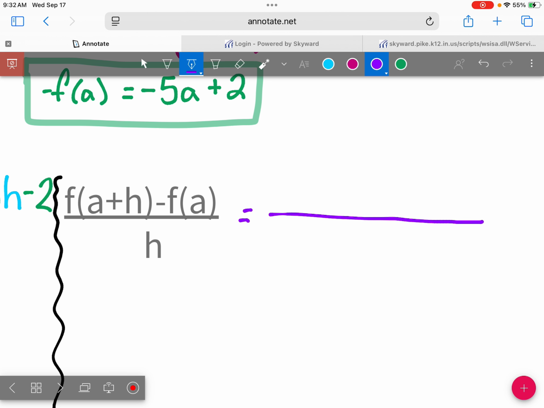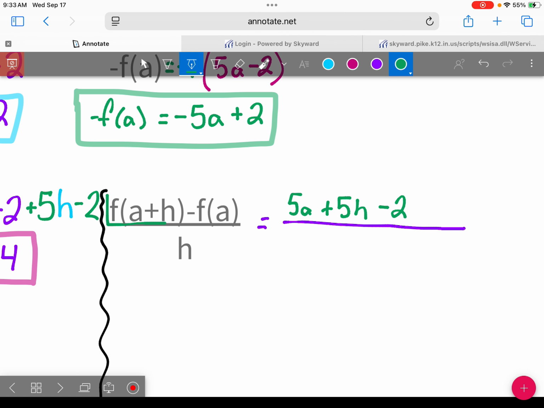Because our f of a plus h is this guy from over here. So I can just put that. I already know what it is, simplified. That's my 5a plus 5h minus 2. That is f of a plus h. This guy. And then we want to subtract f of a.